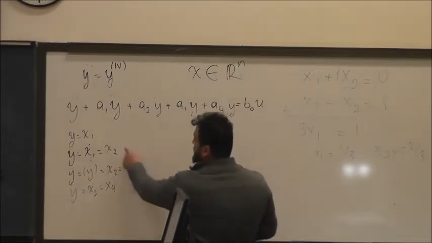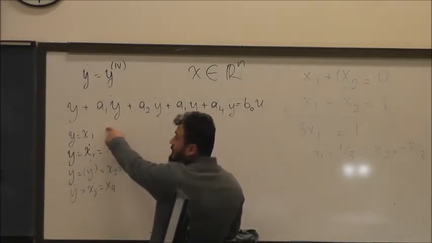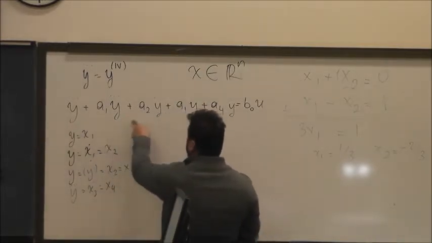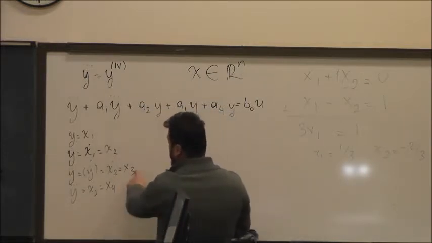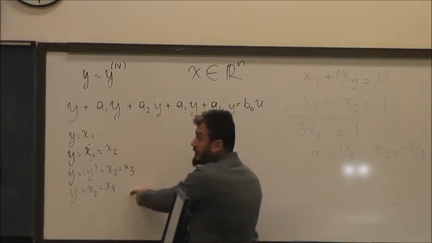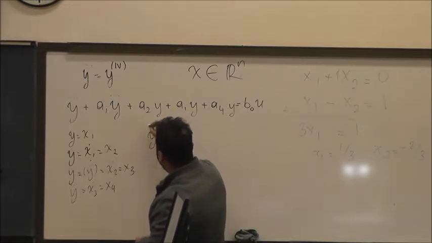Then after this, I just rewrite my equation based on these new parameters, okay? Which is y4 dot equals x4 dot, right?